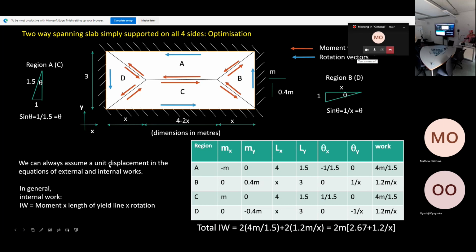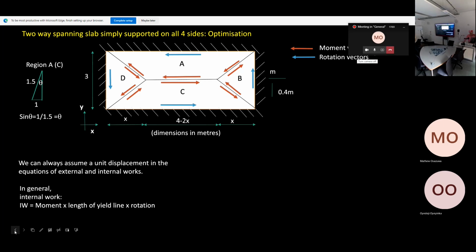Because the units of the moment for the yield line are kilonewton meter per meter. So you need to multiply it by the length because it's per unit length. The units of the moments are kilonewton meter per meter because it's applied over the entire length, as we saw last week.